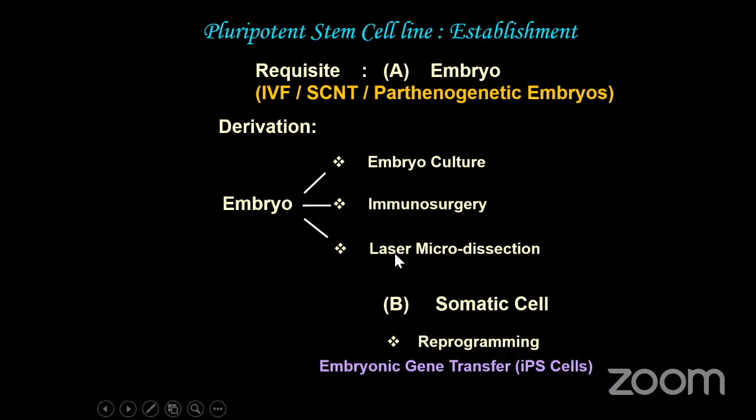Or one can think of using laser microdissection, where one can retrieve the inner cell mass cells and culture them. The third approach is immunosurgery, which is very conventionally used for establishing embryonic stem cells. I will show how it is done. And next, as I mentioned, I'll discuss somatic cell reprogramming too.